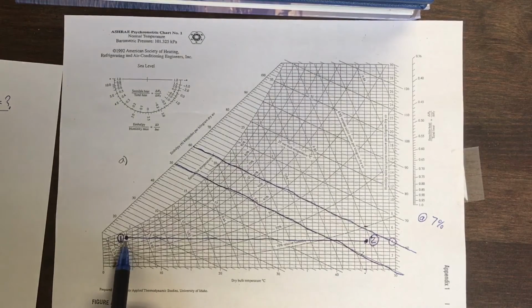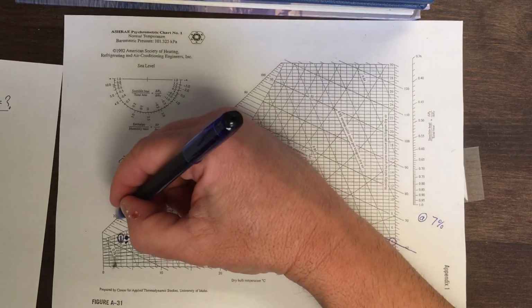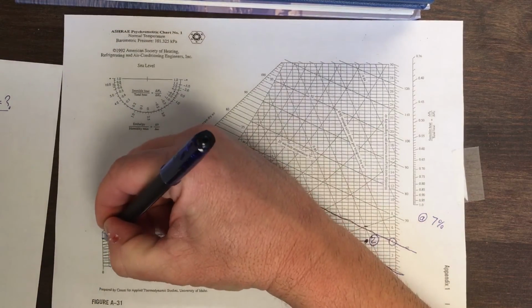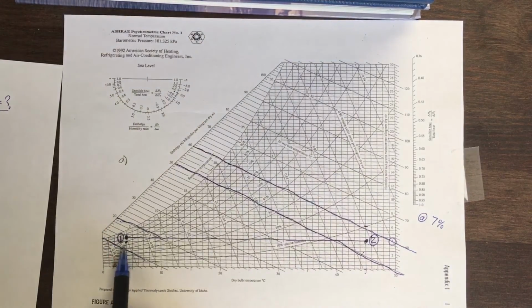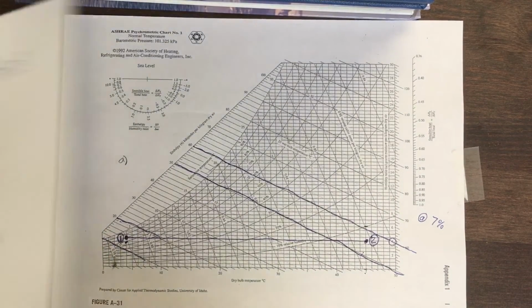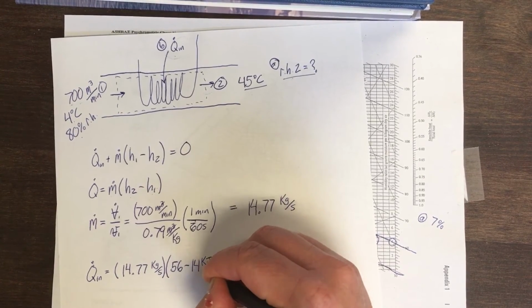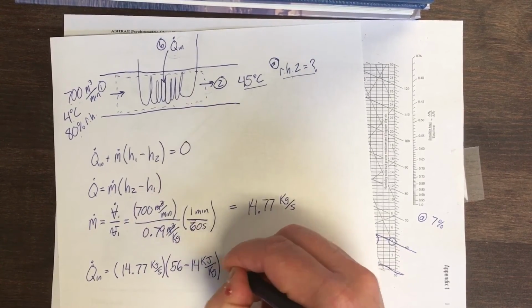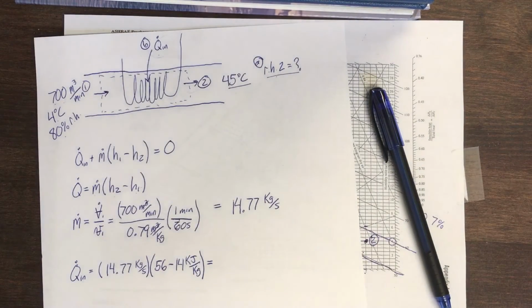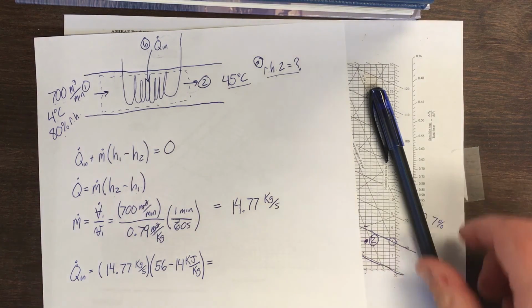And at point 1, here's 20, and here's 10, so about 14. Calculate that. 56 minus 14, you get 620 kilowatts.